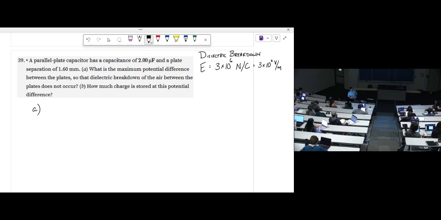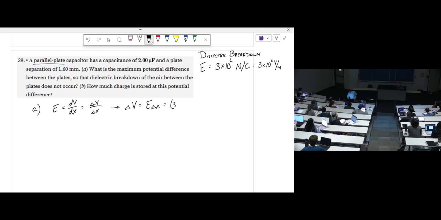That's a really good thing to remember conceptually for the exam, because E is equal, and we're just talking about magnitudes here, to dV/dx. With a constant electric field, which is what we would expect between a parallel plate capacitor, that's dV/dx.